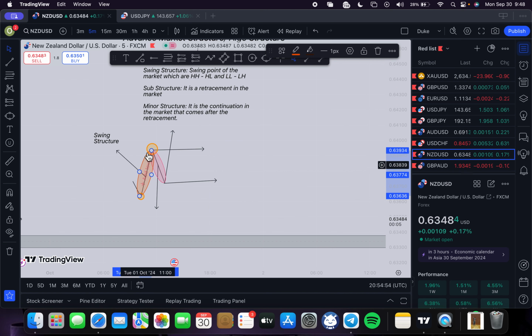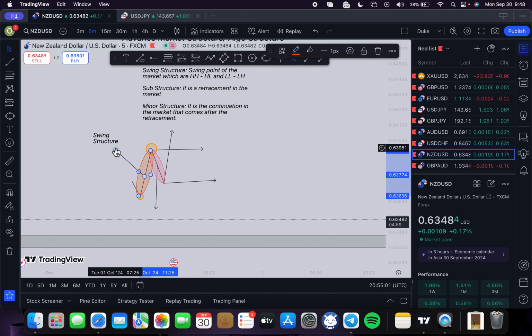Yeah, you are correct. Actually, you are correct. But just know that this is your swing also. It's important you identify them properly before the overall trend can be your swing as well.